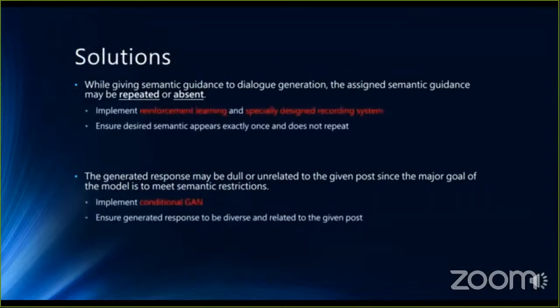To solve the first problem, we implemented reinforcement learning and a specially designed recording system to ensure the desired semantic appears exactly once and does not repeat. As for the second problem, we implemented conditional GAN to ensure the generated response would be diverse and also related to the given post.